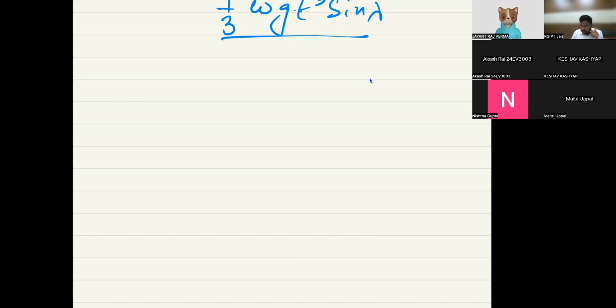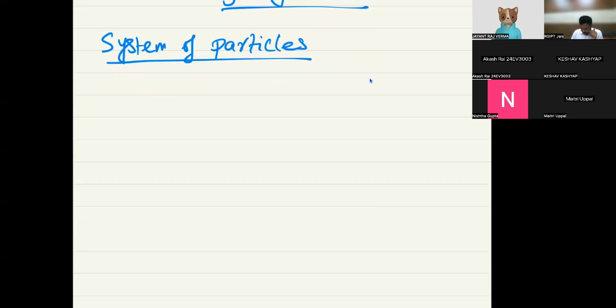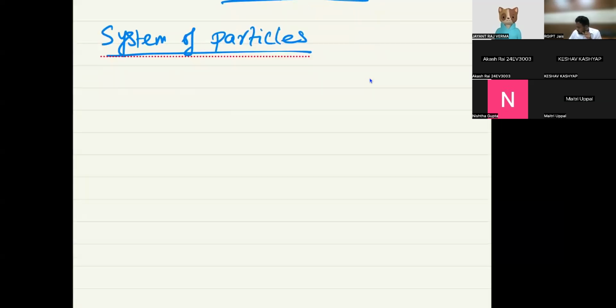Okay, so let's continue. We are studying the motion of a system of particles, and we are deriving the kinetic energy and the potential energy.